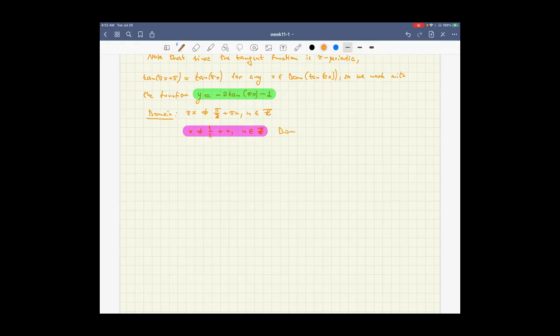So the domain of our function, let's call it f, is the entire real line minus the numbers plus or minus 1/2, 3/2 and -3/2, and so on, plus or minus 5/2, plus or minus 7/2, and so on. These numbers are vertical asymptotes.